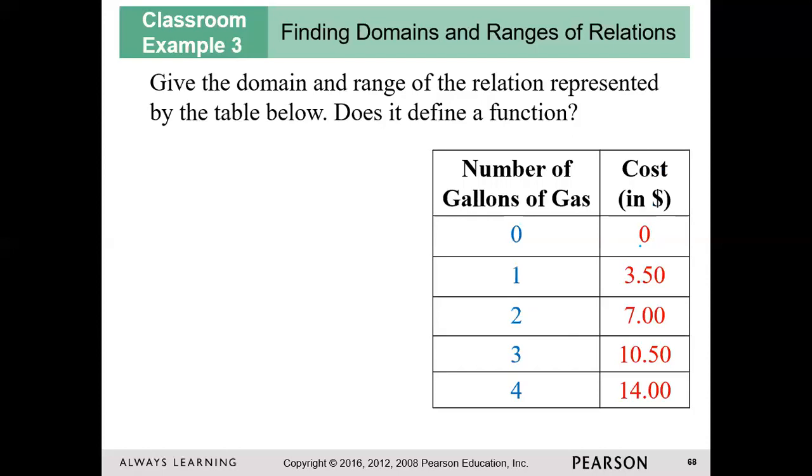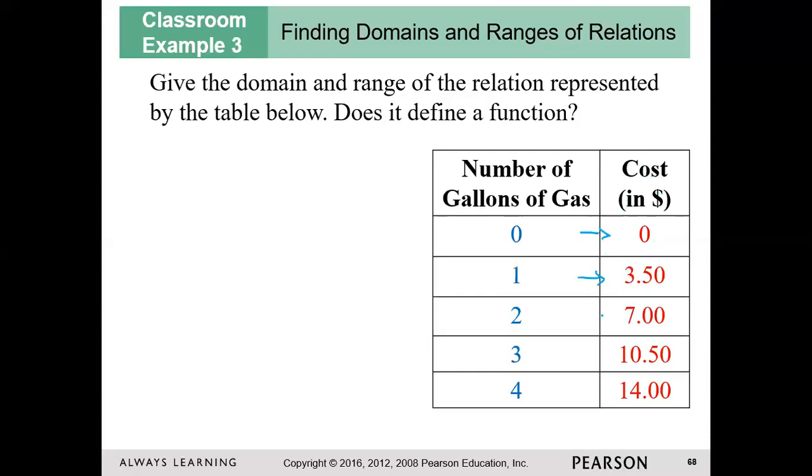So your cost depends on how many gallons you purchase. Obviously, it also depends on how expensive the gallons are, but the biggest factor is the number of gallons that you purchase, okay? So if you buy no gallons of gas, it will cost you no dollars.